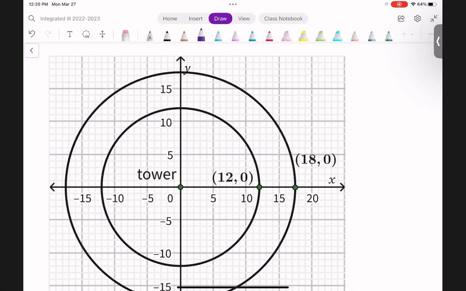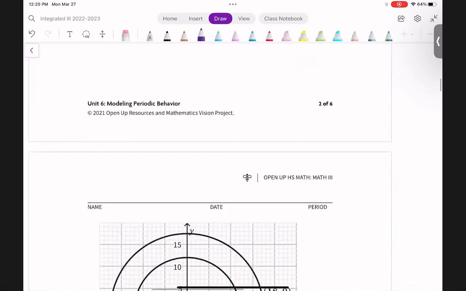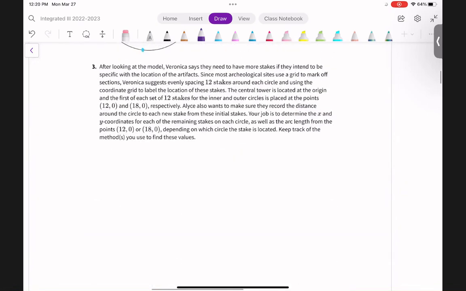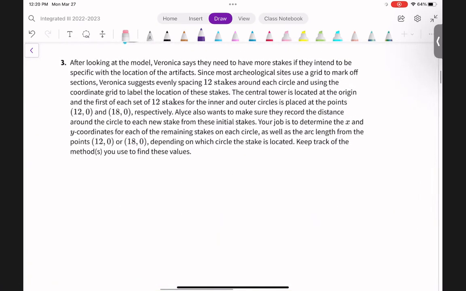Okay. So take a second, think about how you're going to solve this problem. Let's see. So I'm going to read it to you one more time just so that you are all on the same page. It says, your job is to determine the x and y coordinates for each of the remaining stakes on the circle, as well as the arc length from the points (12, 0) or (18, 0), depending on which circle the stake is located.